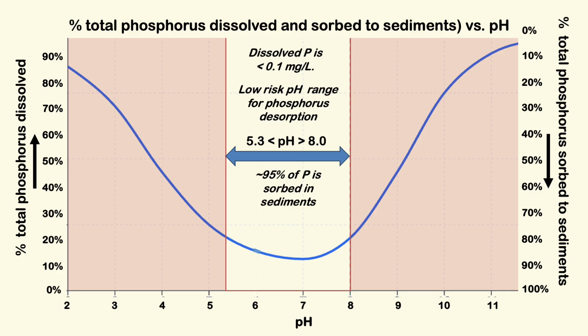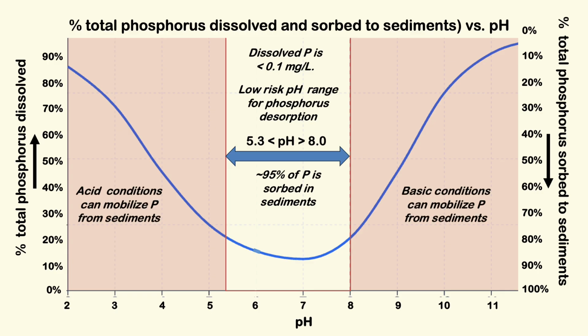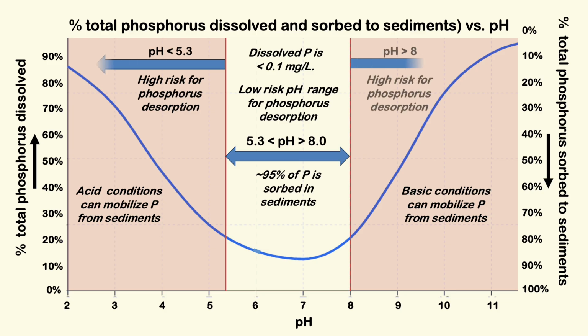When sediments are a significant reservoir of phosphorus, any change in pH, either more acidic or more basic, can change the water from being supportive for aquatic life to being hazardous. Values below 5.3 or higher than 8 cause phosphorus to desorb from sediments and become dissolved and biologically available.